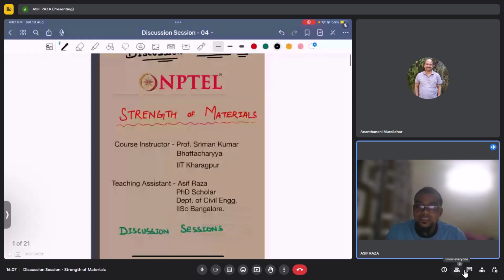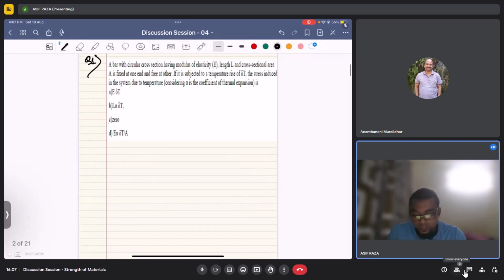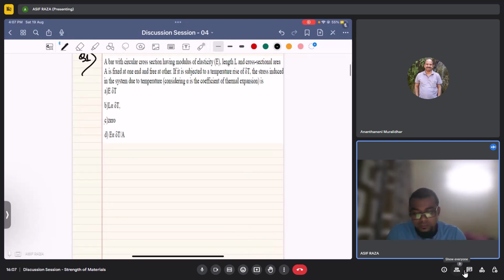Let us start with a light question, and I think this question was given in assignment number 3 also. The question is: a bar with circular cross section having modulus of elasticity E, length L, and cross sectional area A is fixed at one end and free at other.